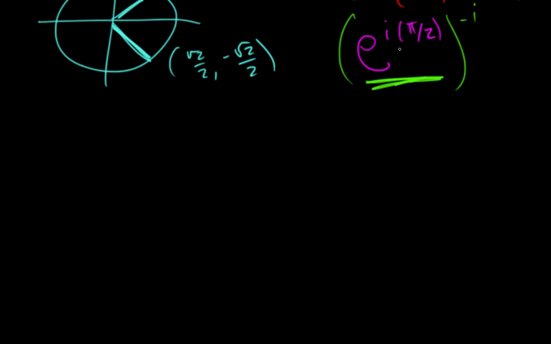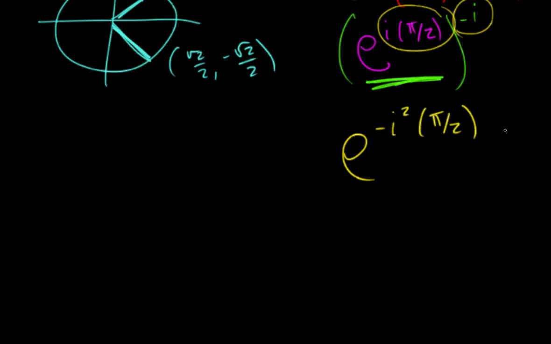So when we do that, we just use our exponent rules, which in this case is multiplying the exponents. So we get e to the negative i squared times pi halves, and i squared is negative 1. Negative 1 times negative is going to be a positive 1, so that's e to the pi halves.